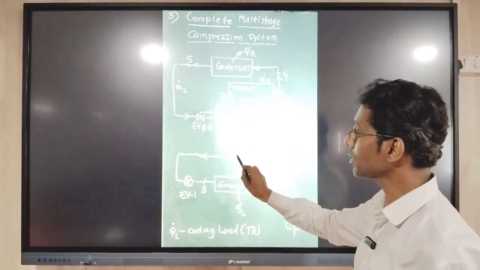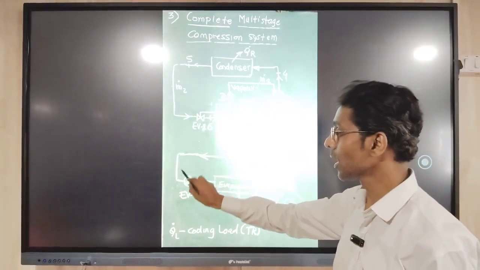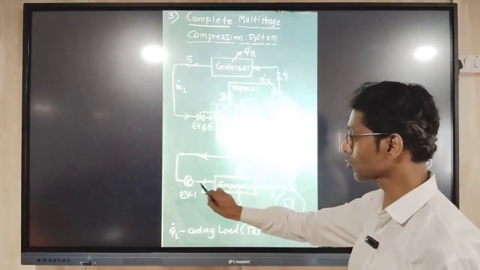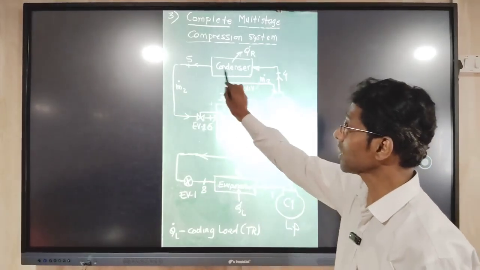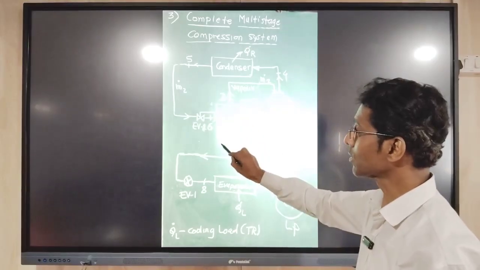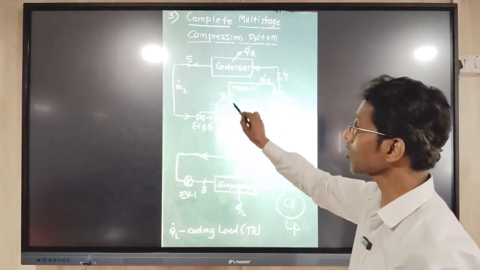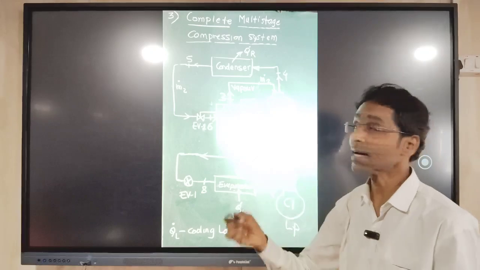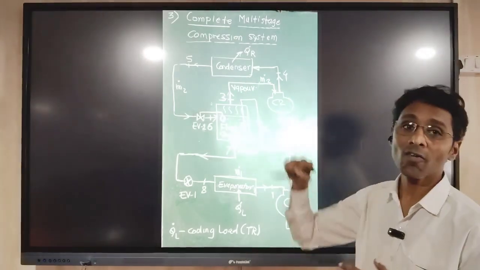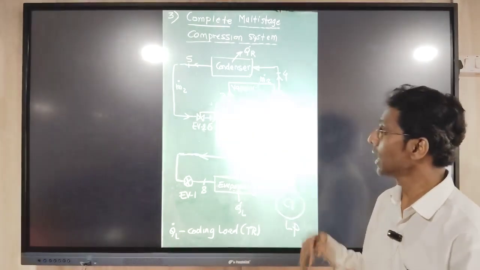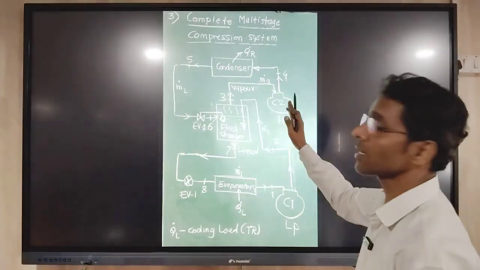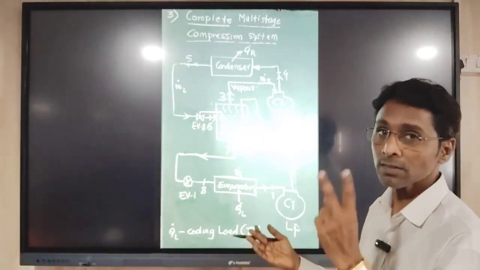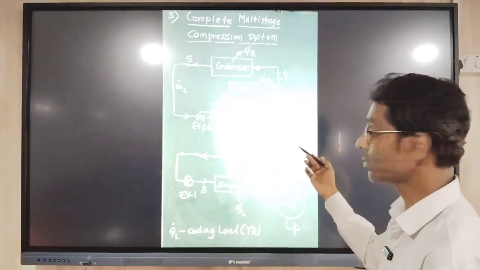From the flash chamber, the liquid line is taken out and given to the evaporator through the expansion valve. This same part of the schematic you will find in the schematic diagram of the flash removal method. And if you take the right-hand side, of the intercooling method, that is the second method, you will find the similarity.